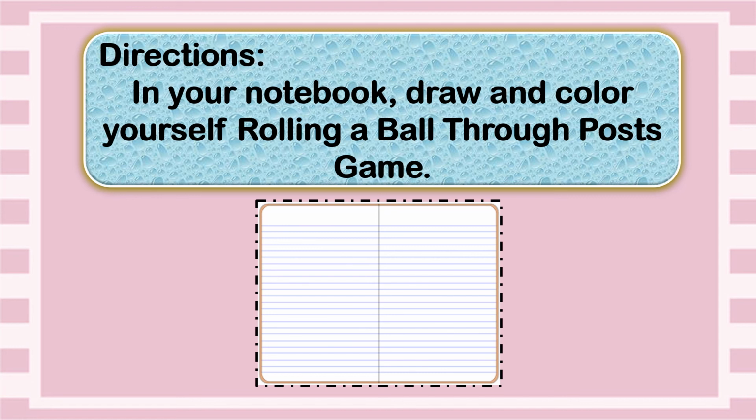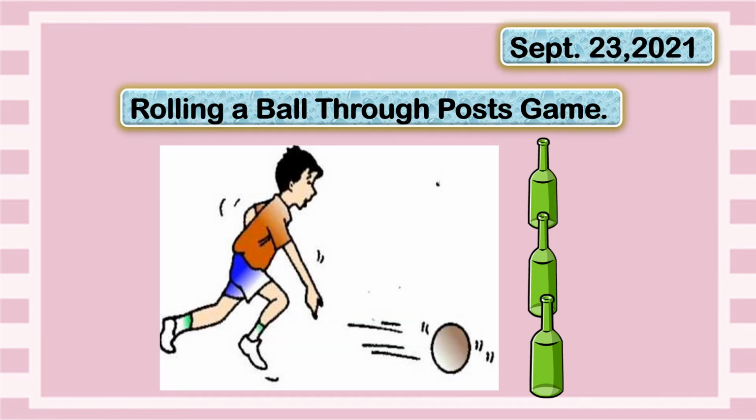Now, in your notebook, I want you to draw and color yourself playing the rolling a ball through posts game. So this is number 4. What you are going to do is first write the date, which is September 23, 2021, on the upper part of your notebook, and then write the title, which is Rolling a Ball Through Posts Game.